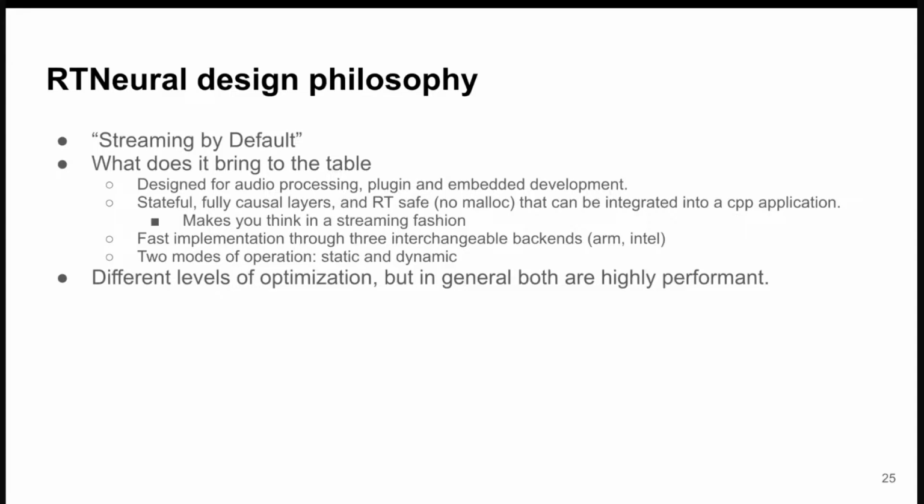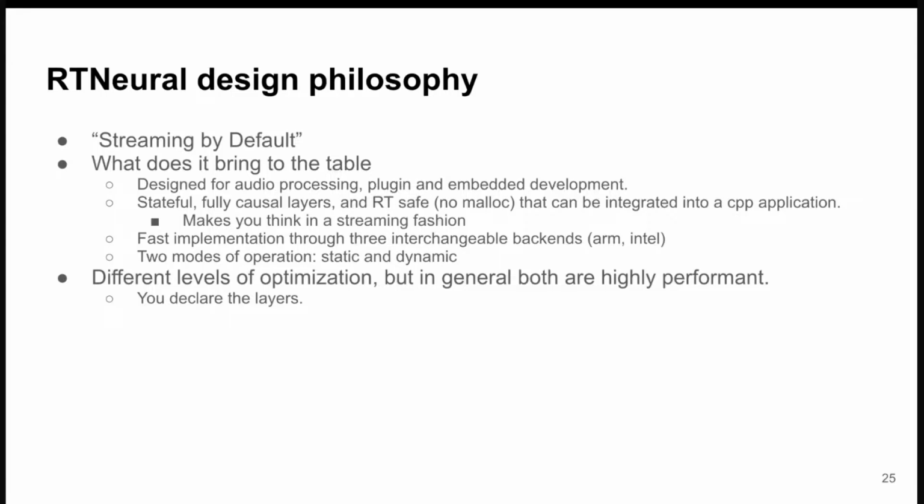So there's a static mode where the neural architecture is defined at compile time and it can't really be changed. Or there's a dynamic mode where you can build your model up at runtime and figure it out that way. We try to make both modes very fast, but in general, the static mode will be more optimal just because the compiler can see through what you're trying to do and optimize a lot of the steps.